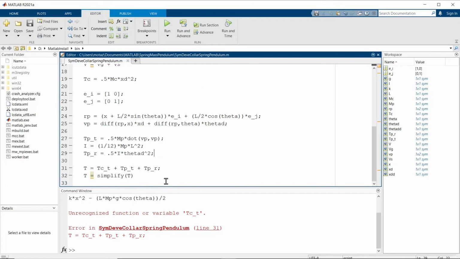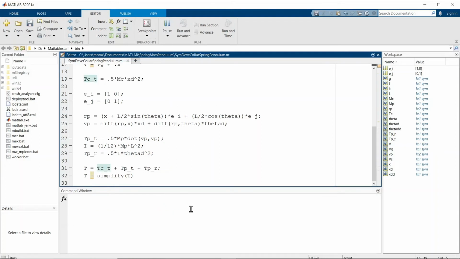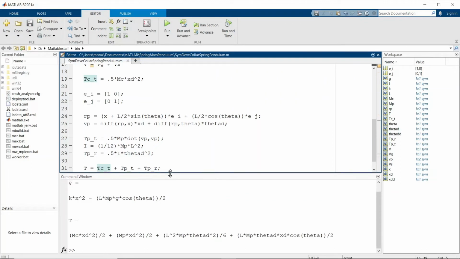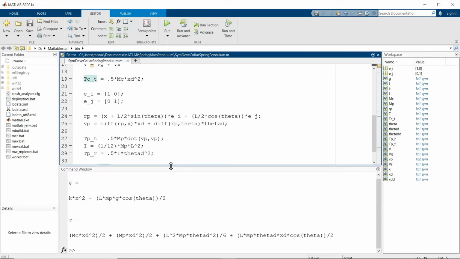Okay, I didn't define the T. I need to just put an underscore T here. Okay, so those are the terms for the potential and kinetic energies of the system.